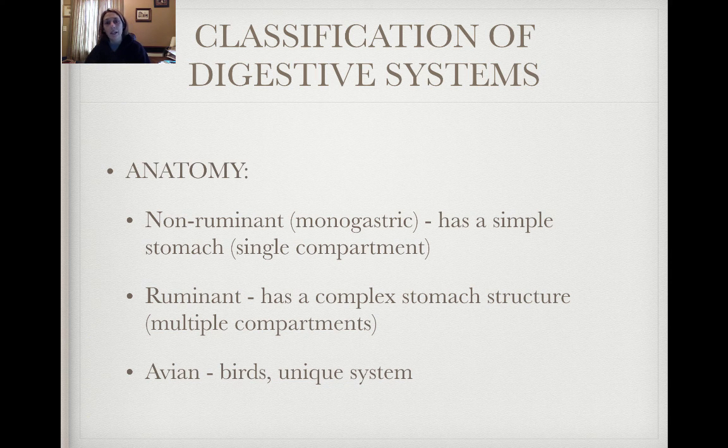But we want to talk about that monogastric or simpler system that has a single stomach, compared to the ruminant, or even the pseudo-ruminants, that have a more complex stomach structure with multiple compartments. And then the avian anatomy, which is the birds, turkeys, and poultry from a commercial standpoint, has a very unique system as well.